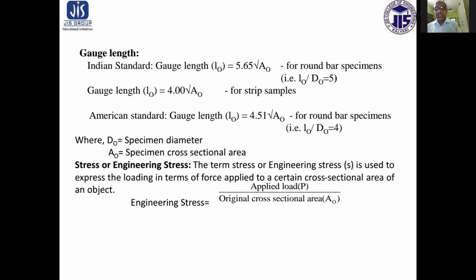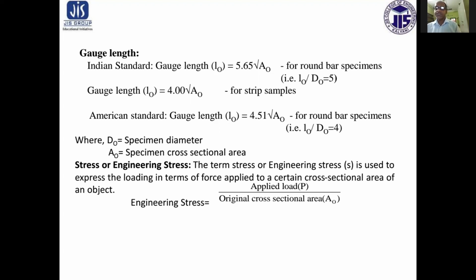What is called stress or engineering stress? The term stress or engineering stress is used to express the loading in terms of force applied to a certain cross-sectional area of an object.